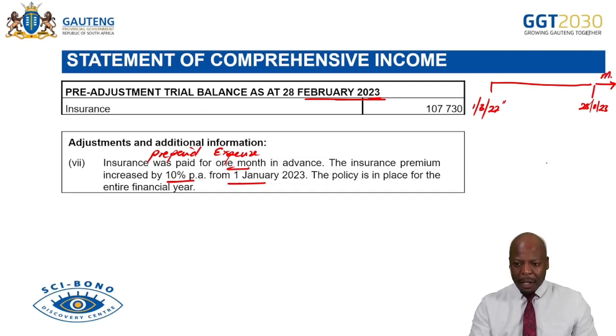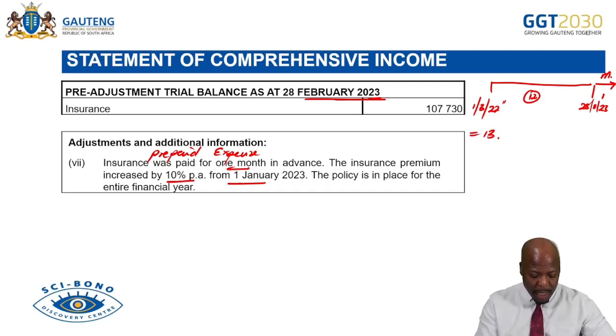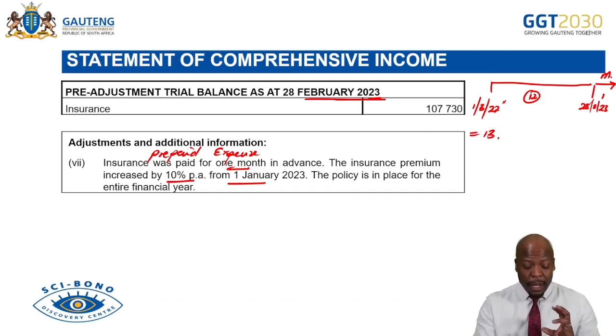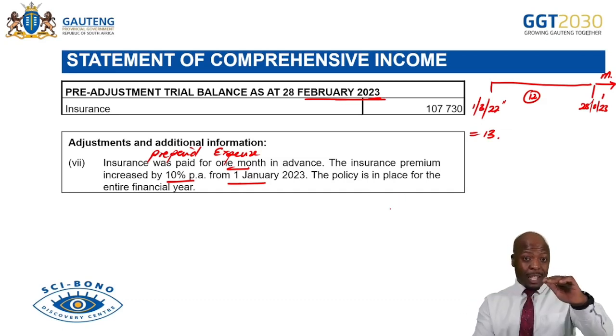We've paid until March. So remember, our financial period is how many months? 12. And this March is 1 month. So in total, we've paid for how many months? We've paid for 13 months. Are we okay so far? It is the 12 months for the entire financial period plus the 1 month that we have paid extra. Then we are told that the insurance premium was not constant throughout.